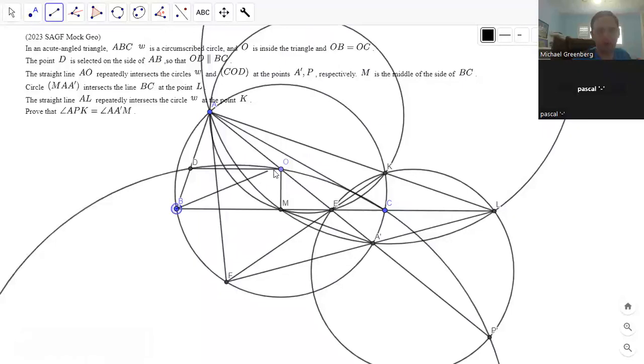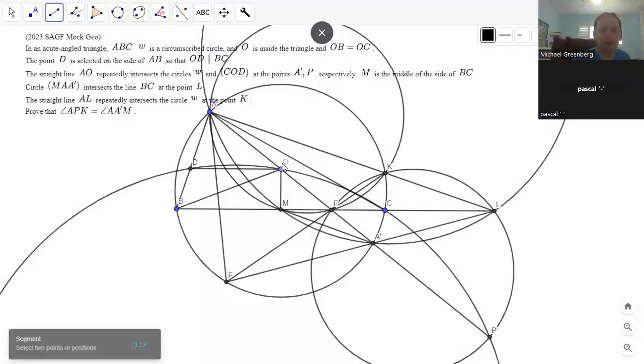But what about this? So DO is parallel to BC is the same as saying DOB equals OBC, which is the same as OCB. I think that might be helpful. So we want to show DOB is OCB.